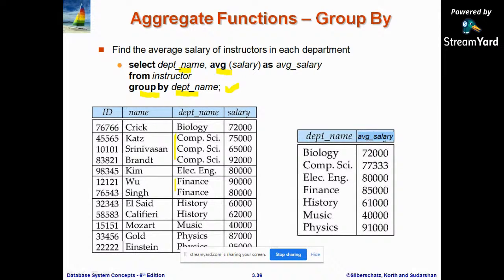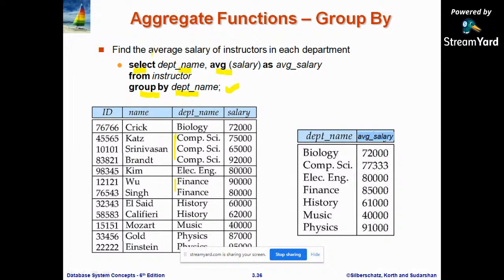Please note, I repeat, if you are using the group by clause and you are creating a group on a particular column, in the select clause you have to use only the column name which is used in the group by clause or any other aggregate function. Other than this, you cannot use any other column name.